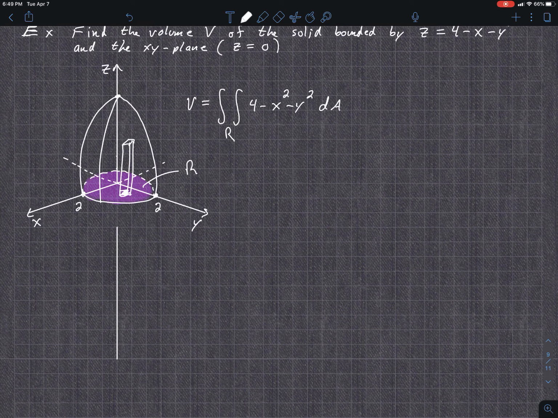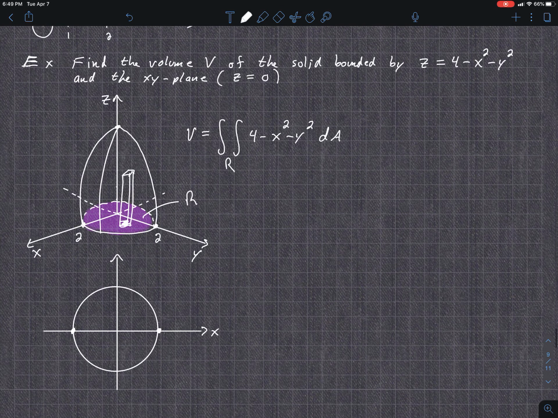So the region, though, is that circle. You want to draw another illustration in the xy plane, whatever you're integrating over.